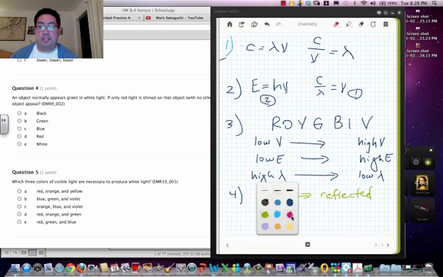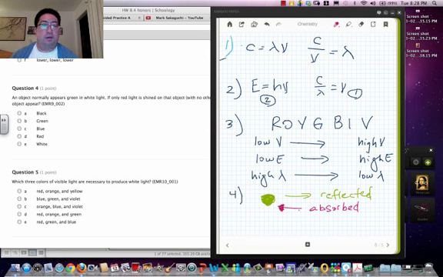Now if we change the scenario and only have red coming in, remember every color besides green gets absorbed, so the red gets absorbed. If it's absorbed and this is the only source of light, there's nothing coming back, so there will be no color coming back.